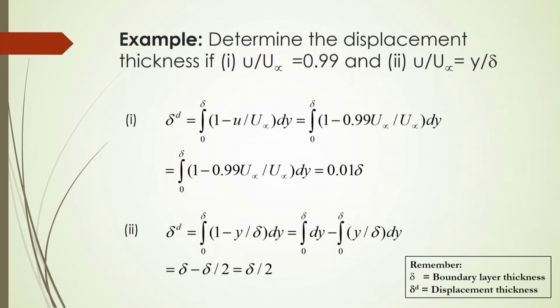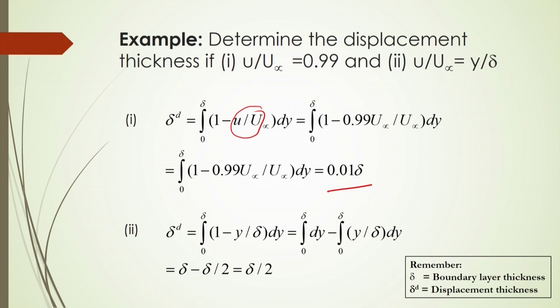For example, determine the displacement thickness if the velocity is 99% of the free stream velocity, that means u by u infinity is equal to 0.99, and also if the velocity distribution is y by delta into u infinity. At these two conditions, what should be the displacement thickness? After substituting this ratio of u by u infinity, we get the displacement thickness equal to 1% of the boundary layer thickness.